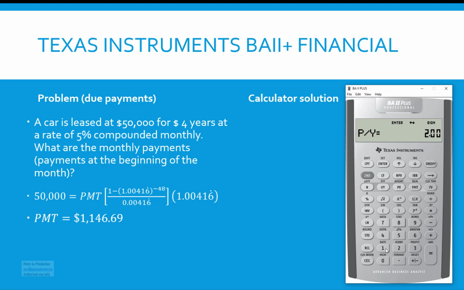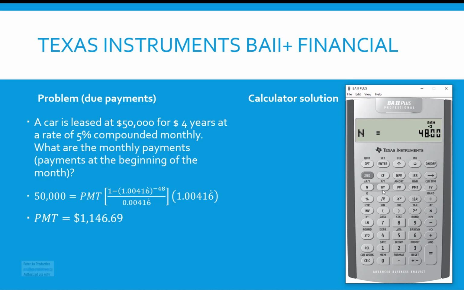Monthly payments, 12 payments per year, press enter. Down arrow. The compounds per year changes automatically to the same as the payments per year, so there's no need to change this unless it is different. So C/Y is also 12. Second, quit. The payments are monthly for 4 years, so 48 payments. Press N.